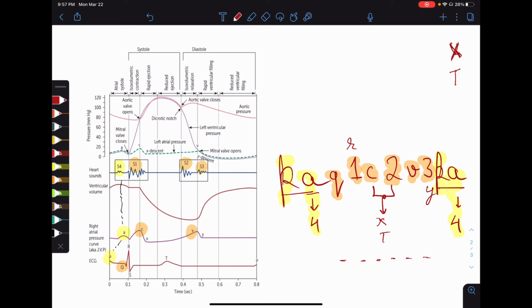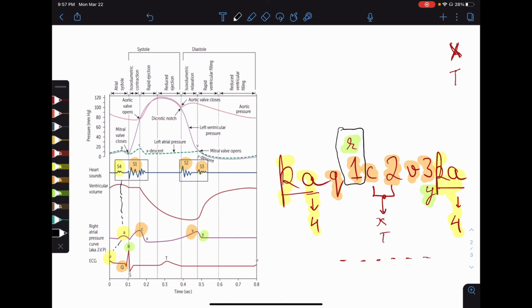And then after this I wrote R1 3 years, so I will mark here R wave and years Y. Here you saw that the R wave is coinciding with the first heart sound.